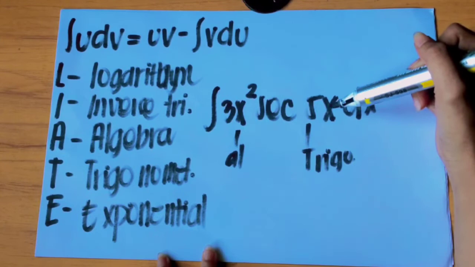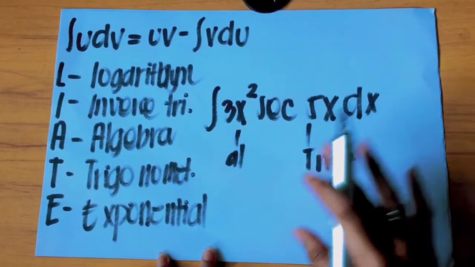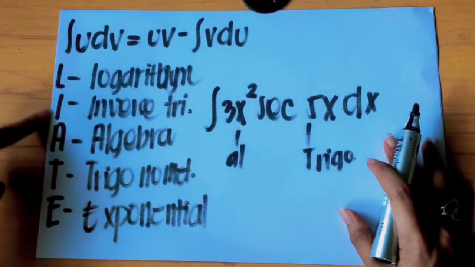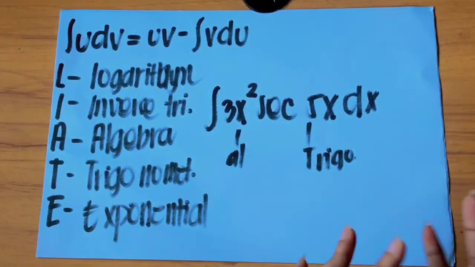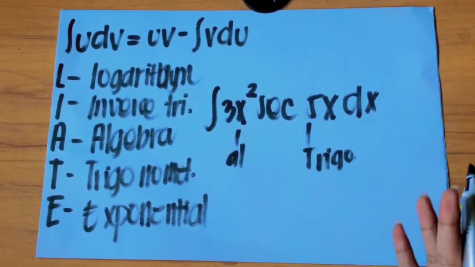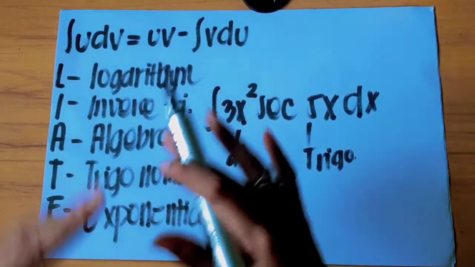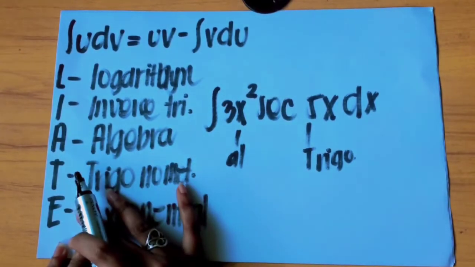Based from the rule of LIATE, makukuha na natin yung u at dv, kasi dito siya manggagaling sa LIATE.